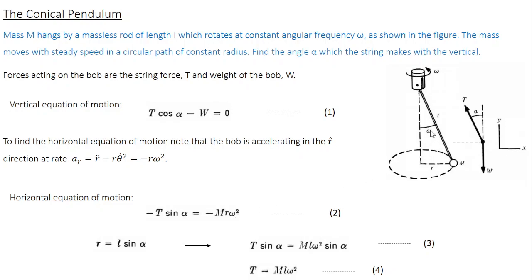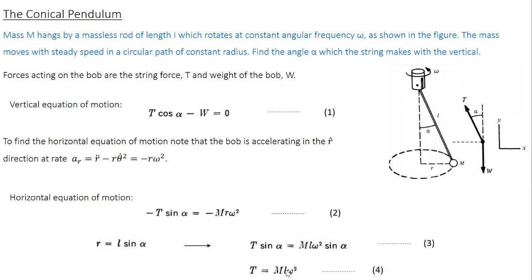And from this geometry, I can write sin alpha equal to r by L, or r equal to L sin alpha. So substitute for r in this equation, you get T sin alpha equal to m L omega square sin alpha. Sin alpha is common on either side, so you can cancel these two. You get tension T equal to m L omega square.